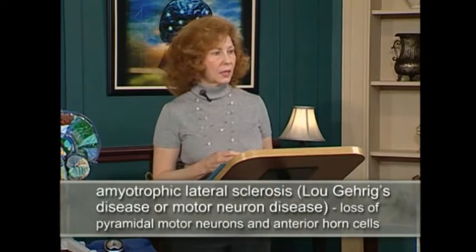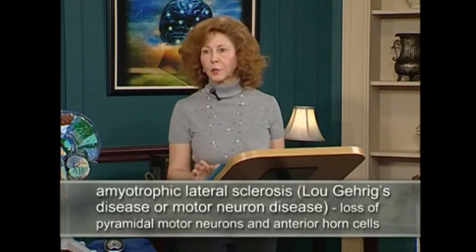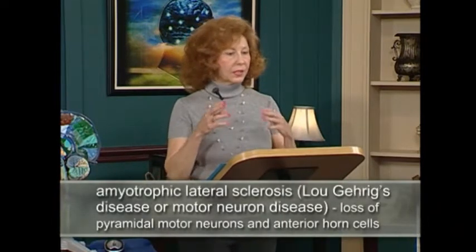This is a disease which kills motor neurons everywhere in the brain and spinal cord at various times. So what you see in an individual with this disease, because both the corticospinal tract and the anterior horn cells die over time, is that the individual slowly becomes completely paralyzed.